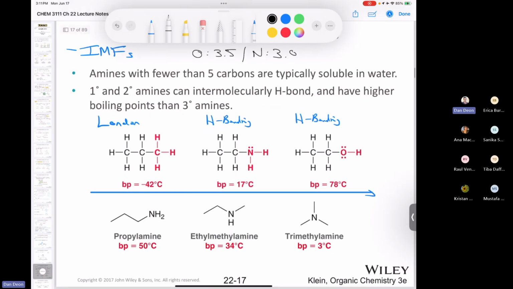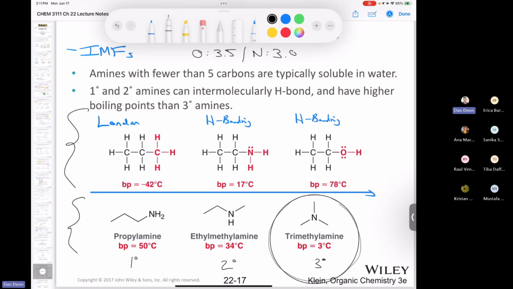First of all, you have to know that trend. And then you also have to know this trend down here, that as we go from a primary to a secondary to a tertiary amine, the boiling point drops significantly for a tertiary amine. Why? Because it has no hydrogen bonding, whereas a primary and a secondary both possess hydrogen bonding.